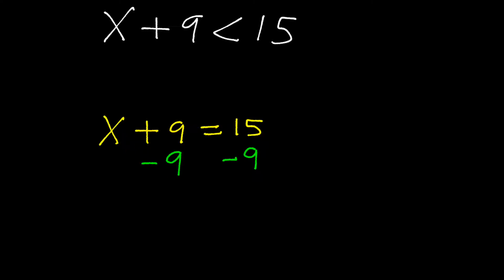This keeps the equation balanced and it isolates our variable. So plus 9 minus 9 becomes 0 and we're left with x, and 15 minus 9 gives me 6. So when we were doing an equation with an equal sign, we solved it this way, and we got our answer as x equals 6.